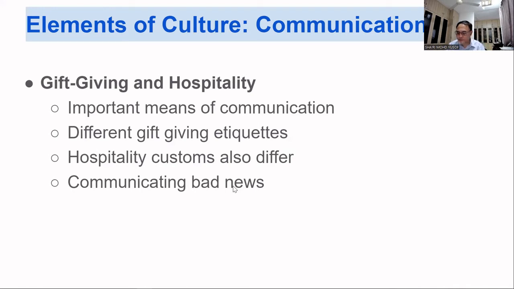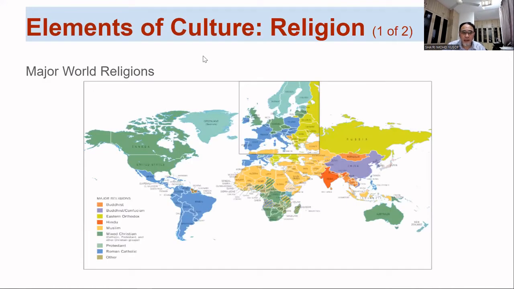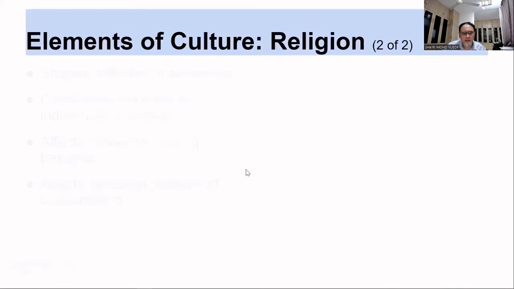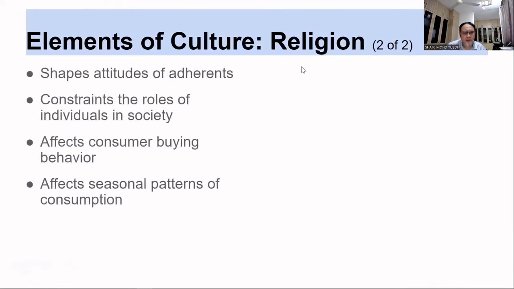Okay, let me see. Hospitality. The next element is religion. We discussed it a little bit also. The way that we do business and practice also depends on religion, because religion will shape the attitudes of adherents.